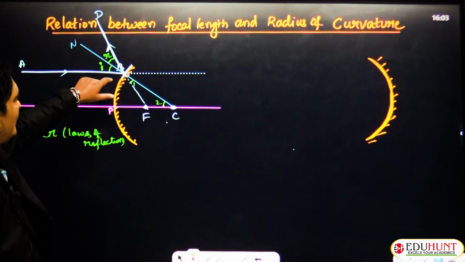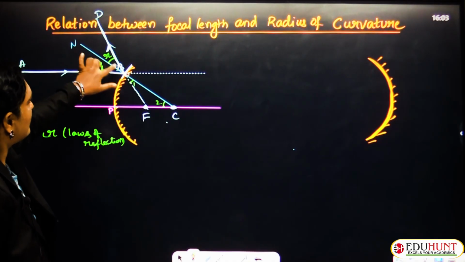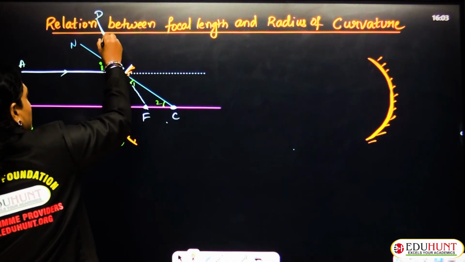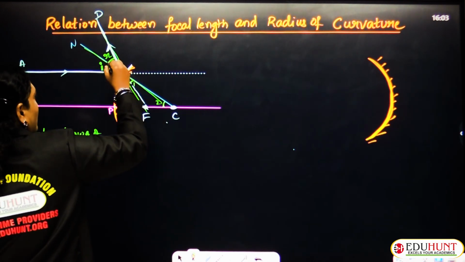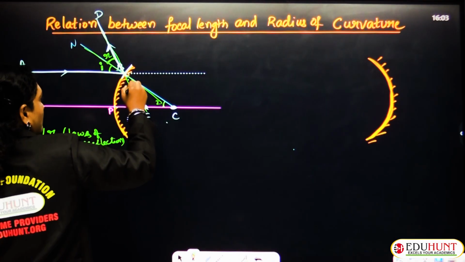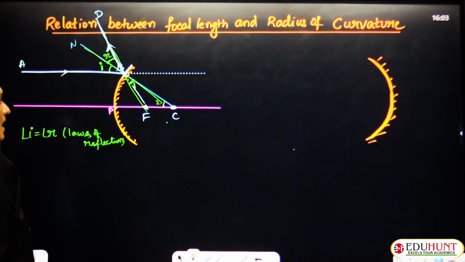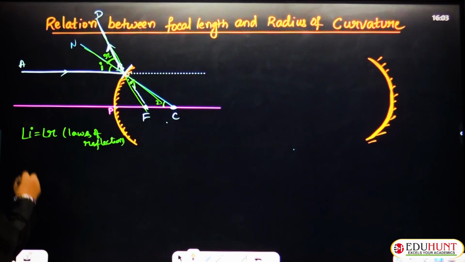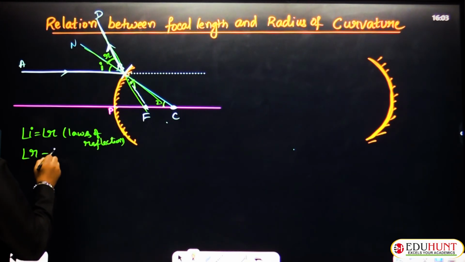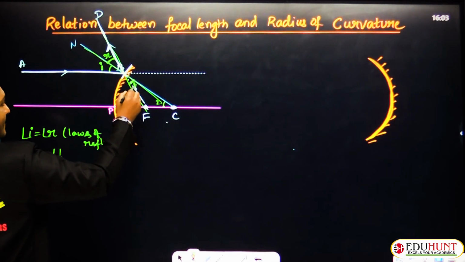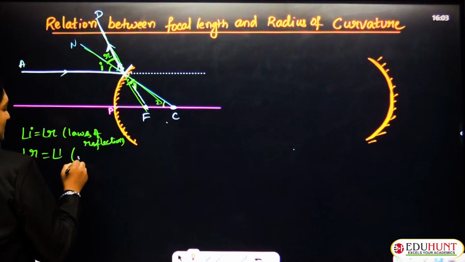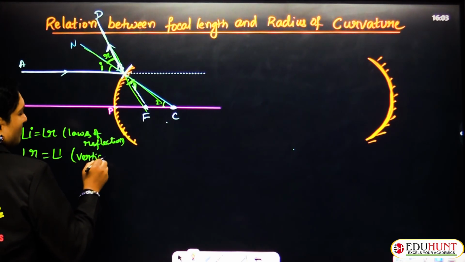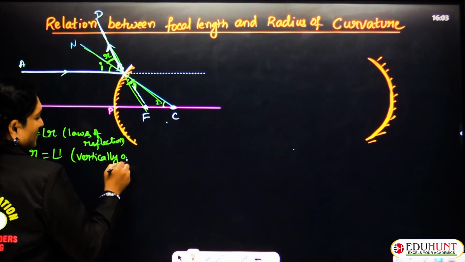From this picture, it is clear that angle I is equal to angle R. If this happens to be R, this must also be R because of vertically opposite angles. So angle R is equal to angle 1, the reason being vertically opposite angles.